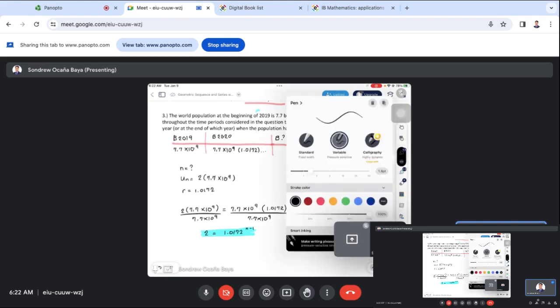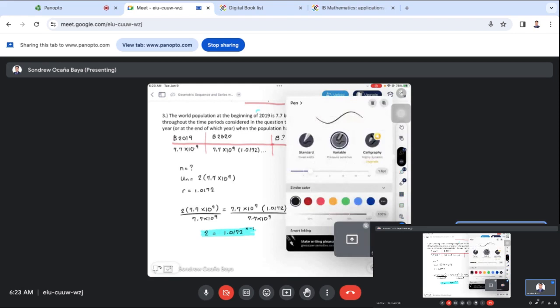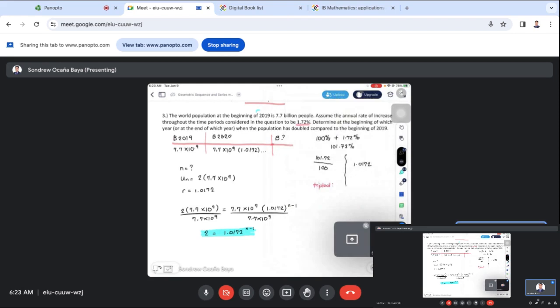All right. So after your discussion, I hope that you're able to see a pattern. If the question was tripled, basically we will end up with an equation of 3 equals 1.0172 raised to the power of n minus 1.